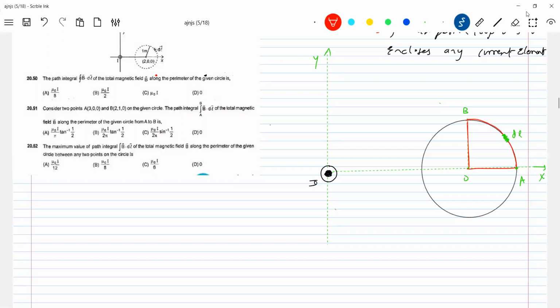So only for the path, this is A, B. This is dl, no? So B bar will be somewhere here. At this particular point, the magnitude will be different, and the direction will be different, as will the angle made by it.